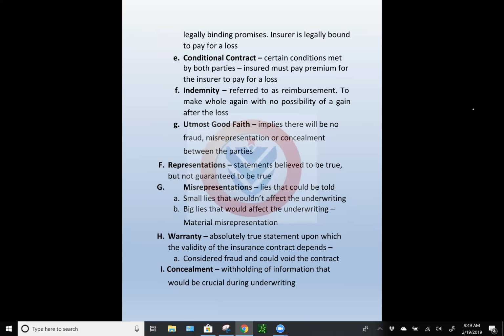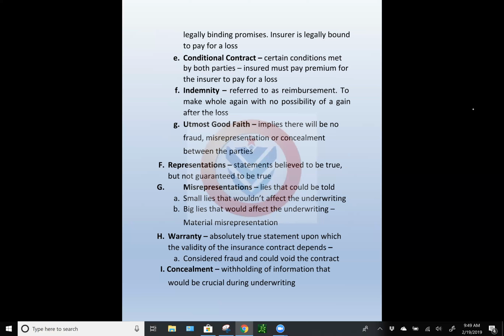Next, insurance contracts are conditional, which means certain conditions must be met by both parties. Like the insured has to pay their premium if they expect the insurer to pay for a loss. So those are conditions that would have to be met. This word indemnity, you need to know the definition of for your test, referred to as reimbursement.